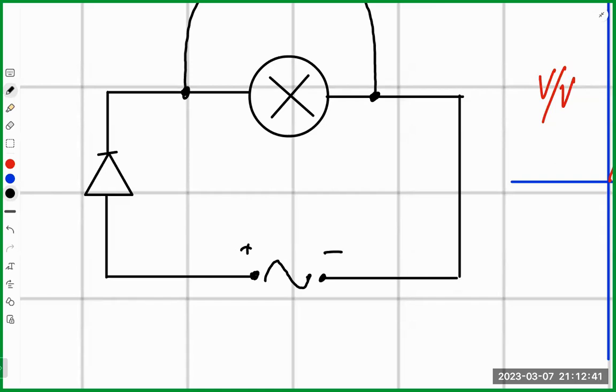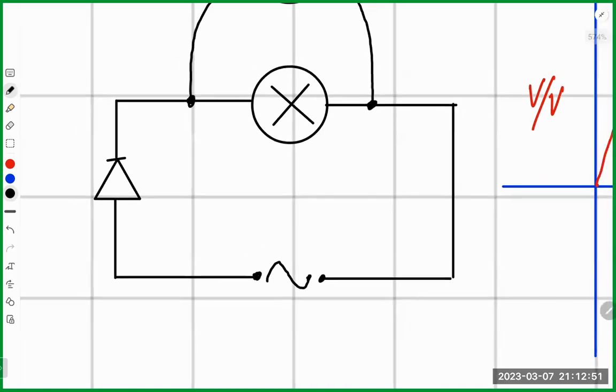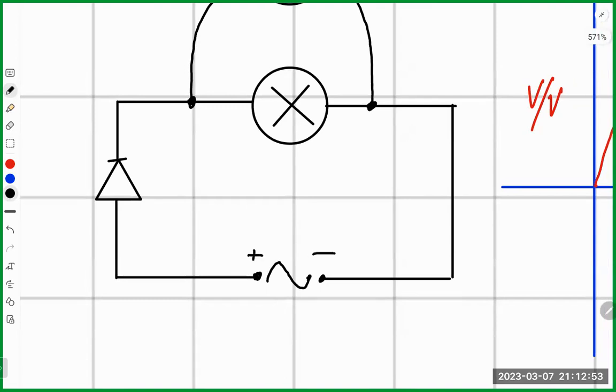They keep on switching from one to another and another to another. So when this side is positive and this side is negative, current wants to go like this, and the diode will allow it, because I hope you can see that the current's direction is agreeing with the direction of the diode.